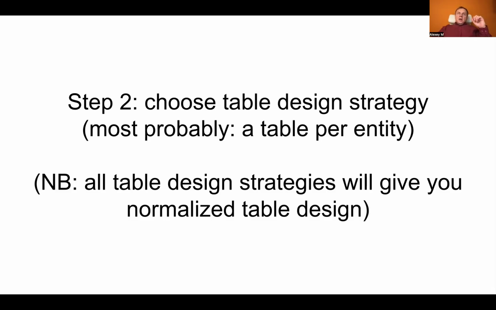But even if you choose some other table design strategies, there are about maybe half a dozen, maybe a little bit more, most of those table design strategies will actually give you a normalized table design if you just follow it.